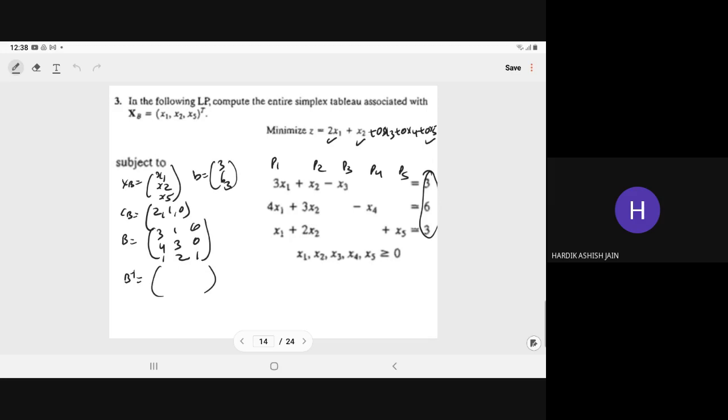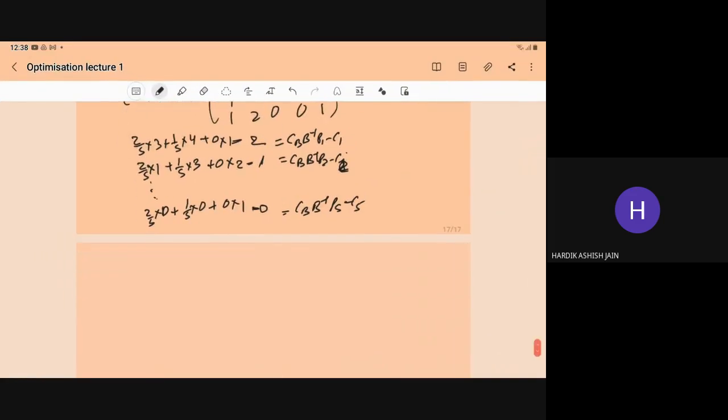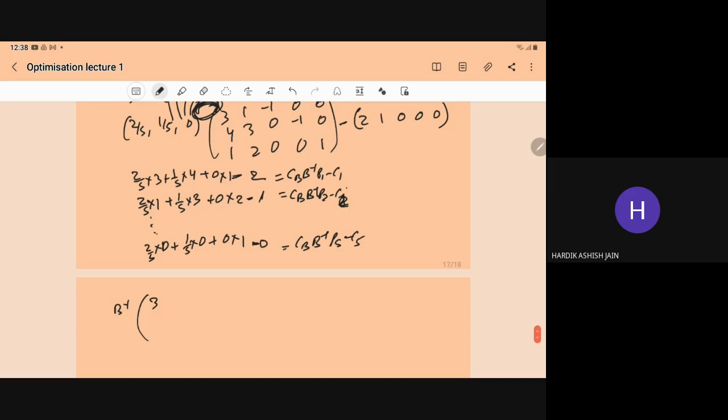Then we have the B inverse PJ and B inverse B. B inverse we have already computed. And PJ is 3, 4, 1, 1, 3, 2, minus 1, 0, 0, 0, minus 1, 0, 0, 0, 1.